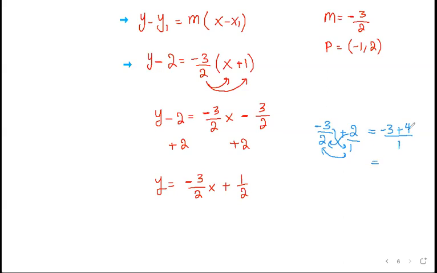And they give me 4 minus 3 is 1 over 2. And this is 1 over 2 here.